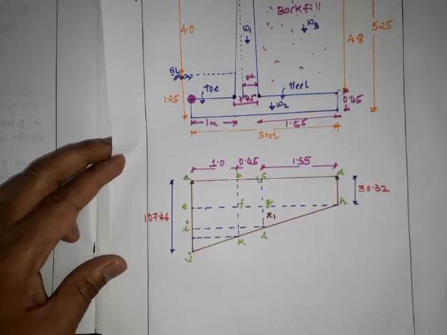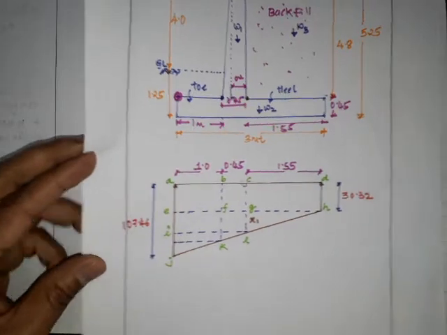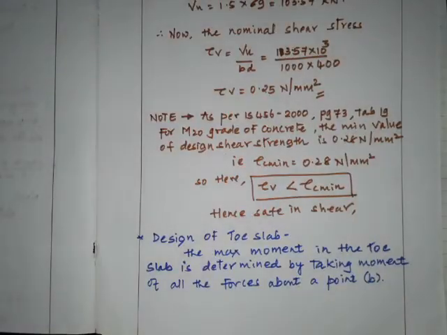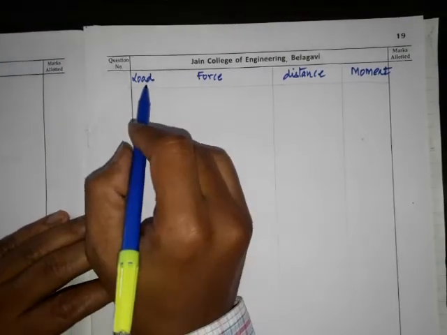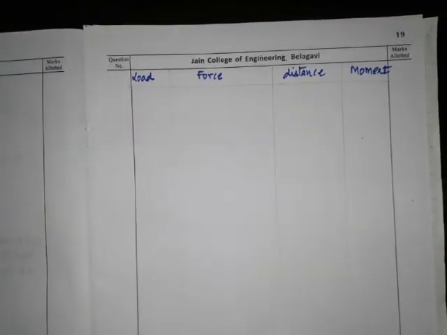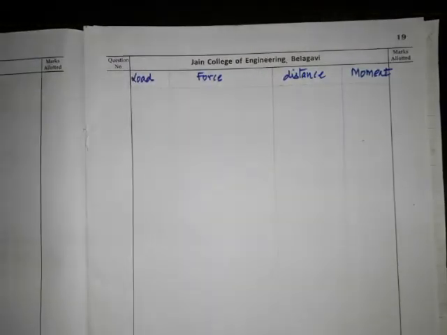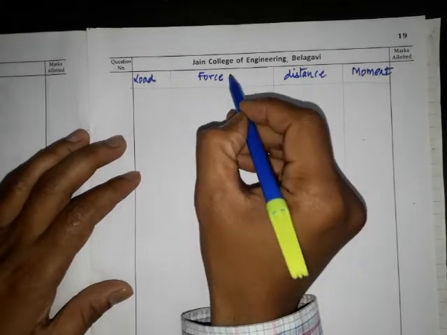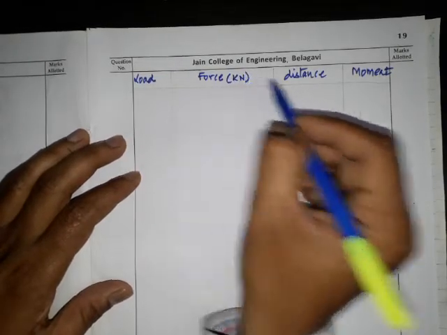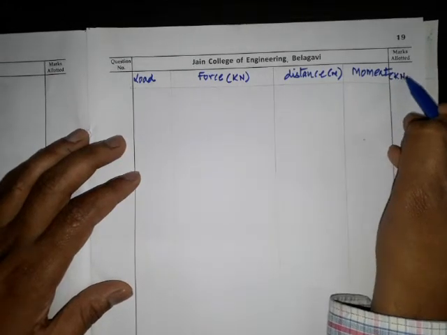Now we'll prepare a table here. So we have load, force in kilonewton, distance in meter, and moment in kilonewton meter.